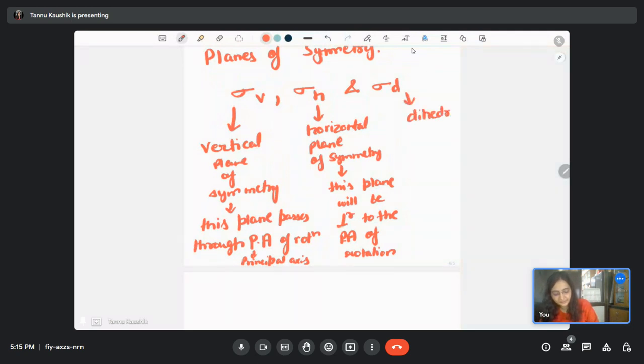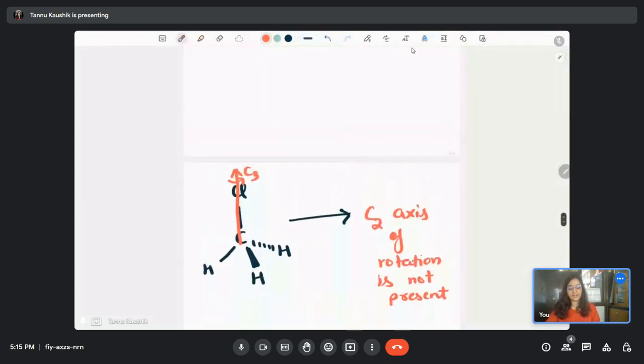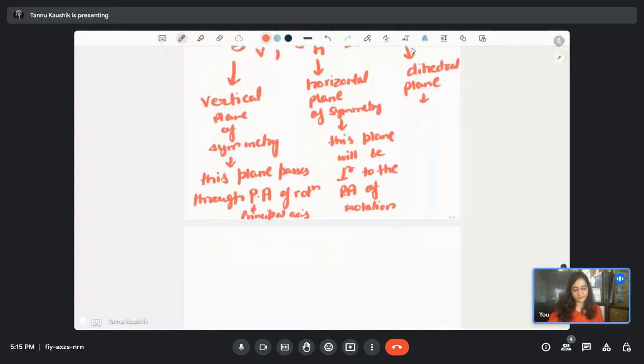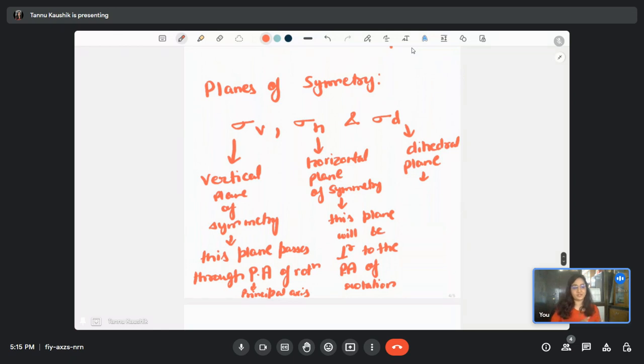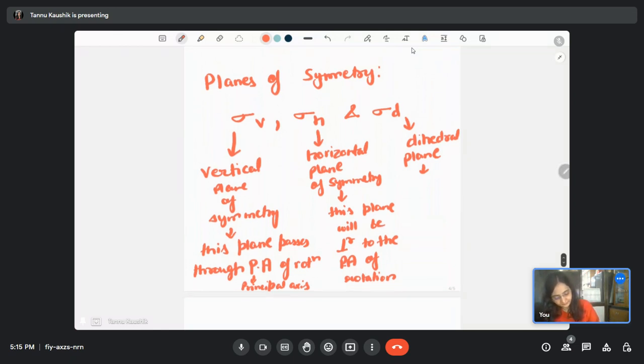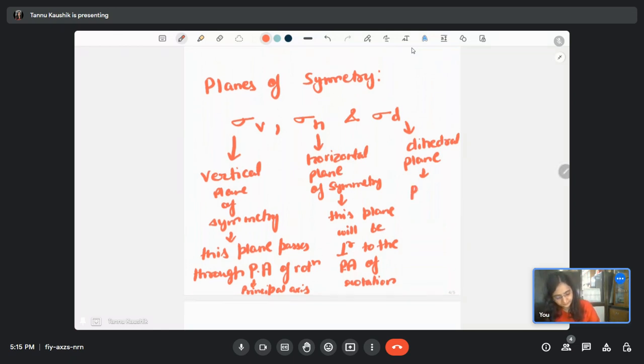And this is the dihedral plane. This plane also passes through the principal axis of rotation, but it bisects the angle between two C2 axes of rotation.